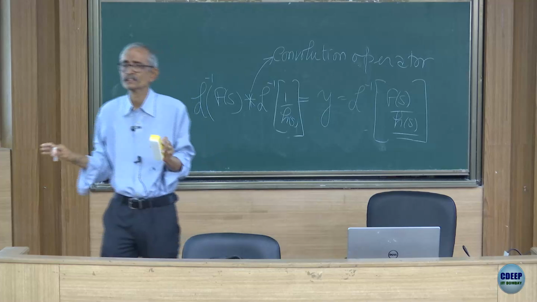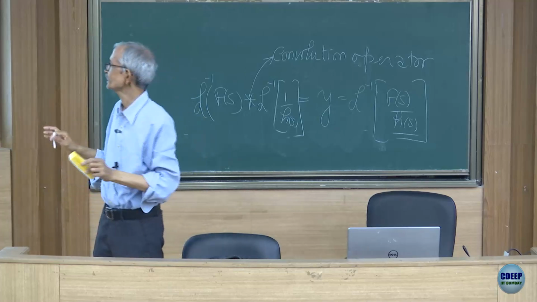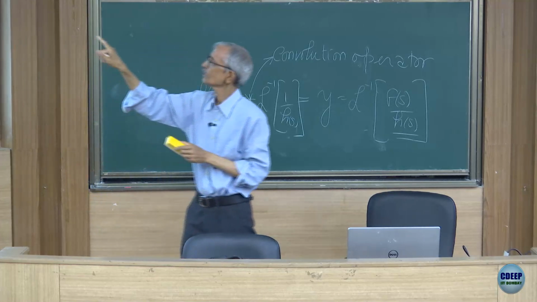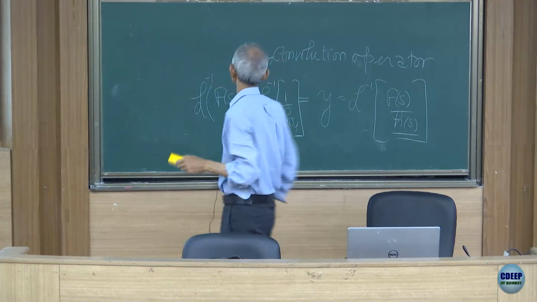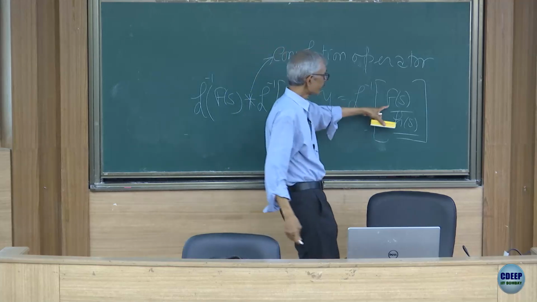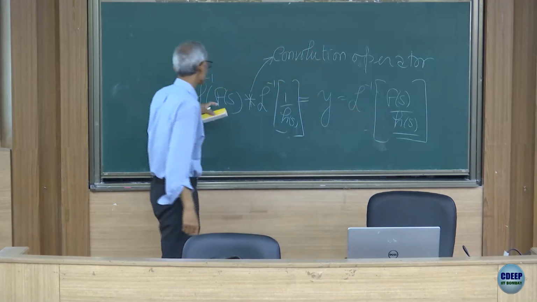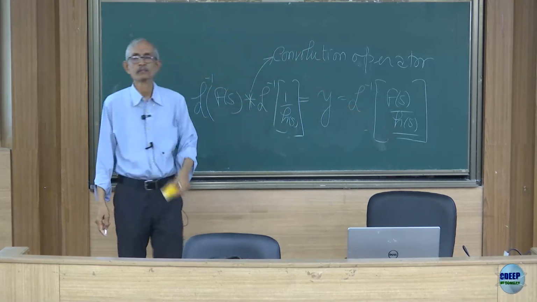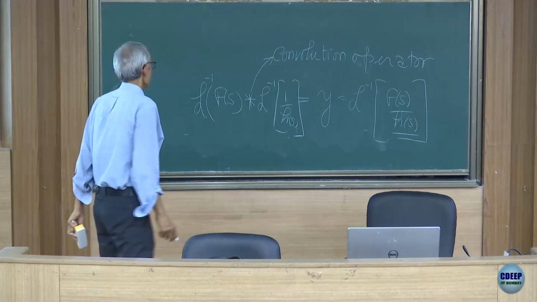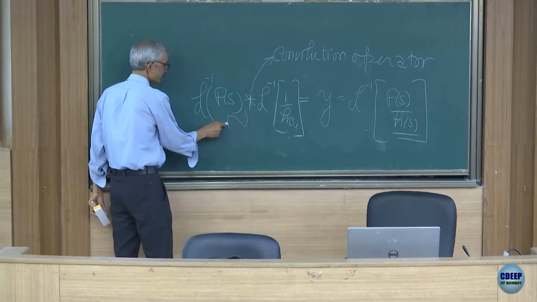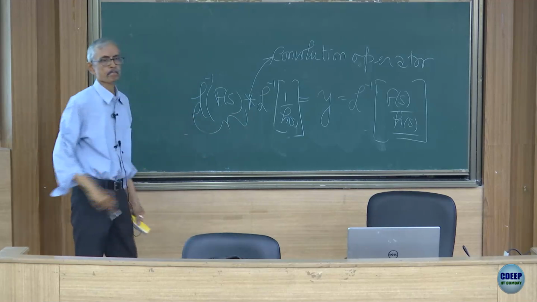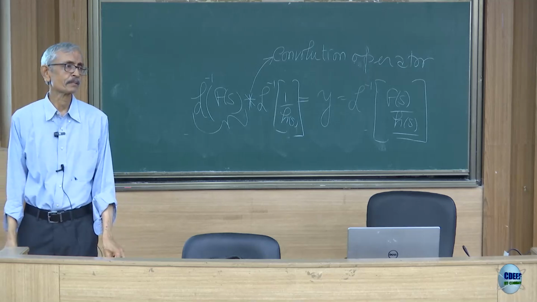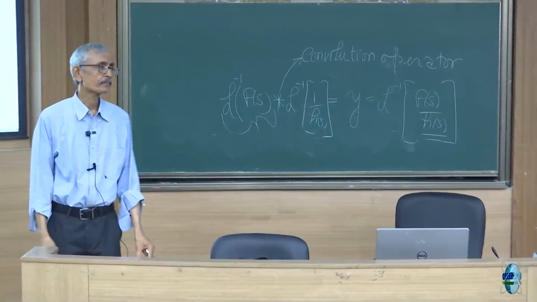We are not proving anything, we are not showing anything. We are just saying that this guy who is there, Laplace inverse of f of s by h of s is going to be Laplace inverse fs convolved with Laplace inverse of 1 by hs. And what is Laplace inverse of fs? It's f of t, right?